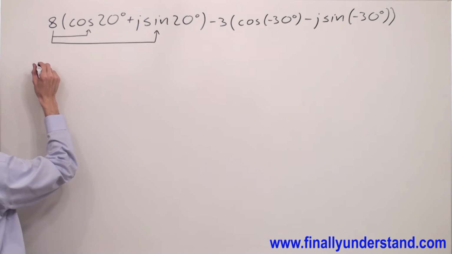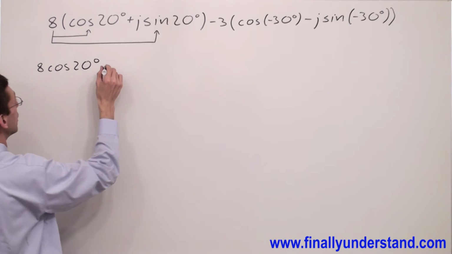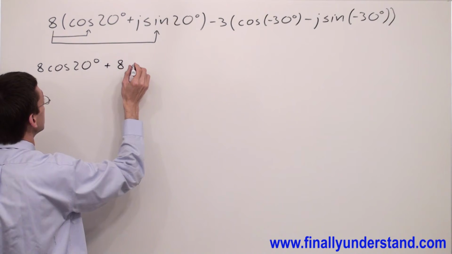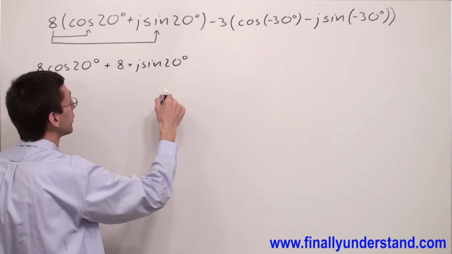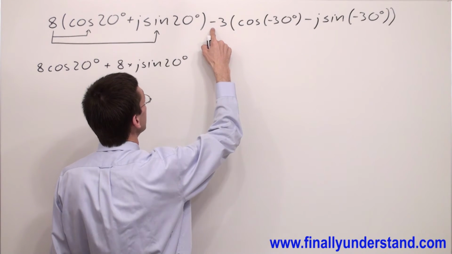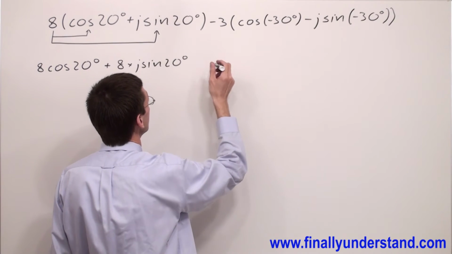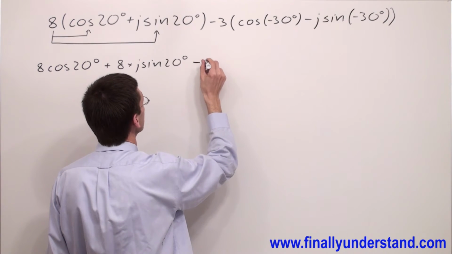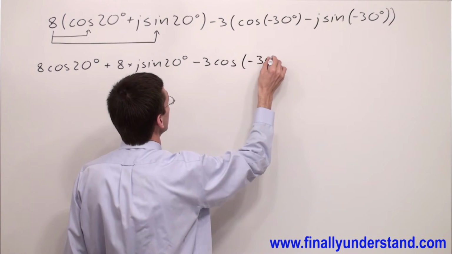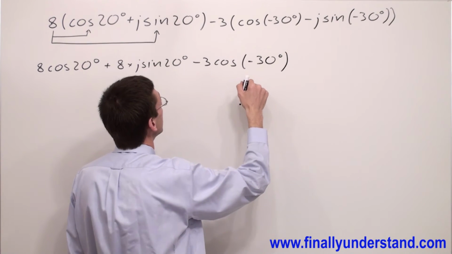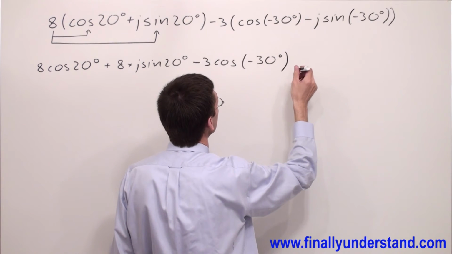So I have 8 times cosine 20 degrees plus 8 times j sine 20 degrees, and I have negative 3 times cosine of negative 30 degrees, so I have negative 3 cosine negative 30 degrees, and I have negative 3 times negative j sine of negative 30 degrees.